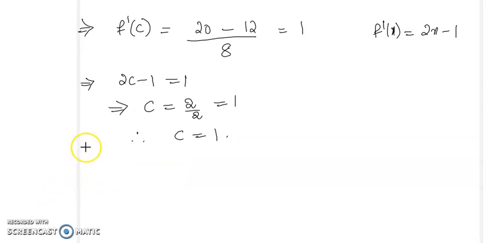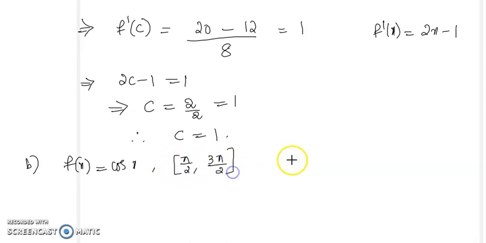And again let us look at another function. Second one is f of x equal to cos x in the interval pi by 2 to 3 pi by 2. So f is the cosine function, so f is continuous in the closed interval pi by 2, 3 pi by 2.